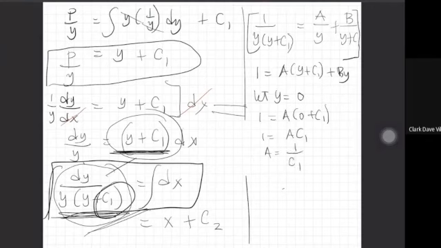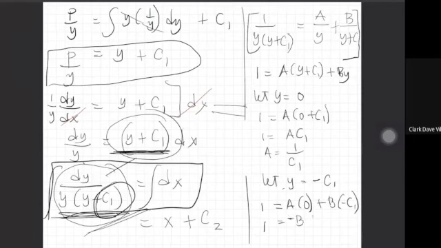Okay. Now, solving for b, we let y be equal to negative c sub 1. So we have 1 equals a times 0 plus b times negative c sub 1. For y it is negative, right? So we have negative b times c sub 1, meaning your b is actually negative 1 over c sub 1.